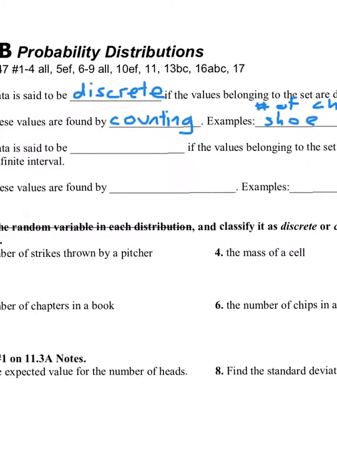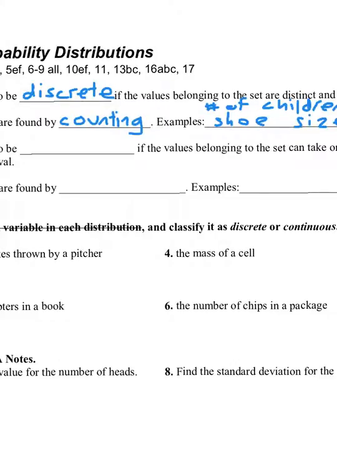Okay, if a number can be an ugly decimal, it is called continuous. Usually, but not always, these are found by measuring.